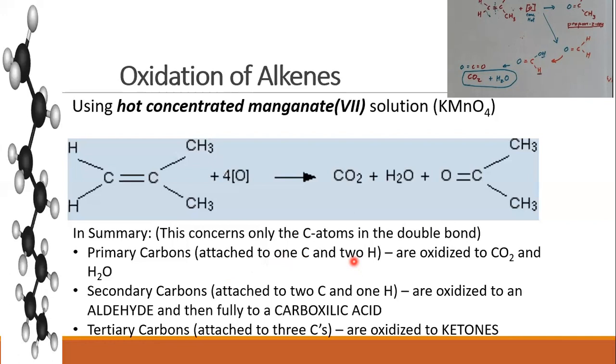This is a normal combustion reaction. Combustion is oxidation. Secondary carbons that has two carbons attached to it and one hydrogen are oxidized to an aldehyde, and an aldehyde can be further oxidized to a carboxylic acid. My tertiary carbons are only oxidized to ketones.